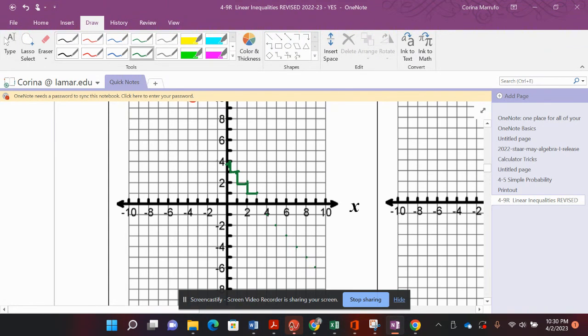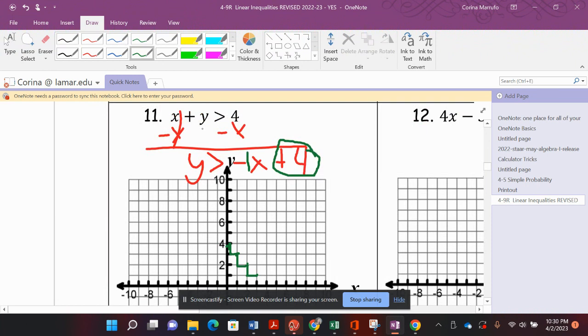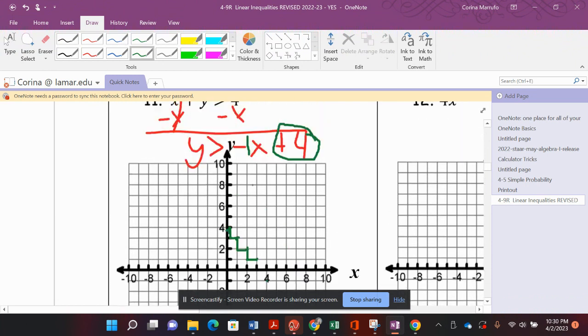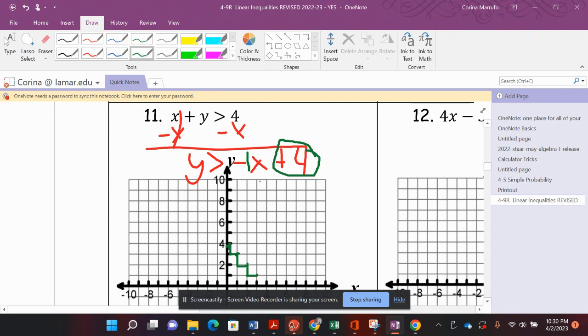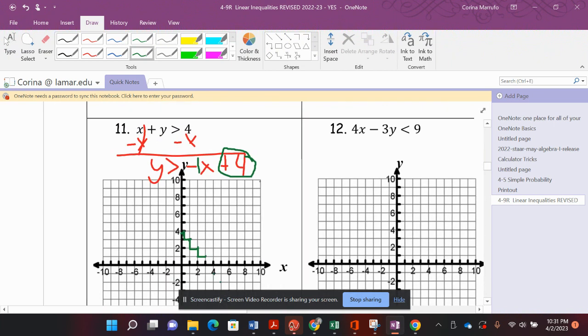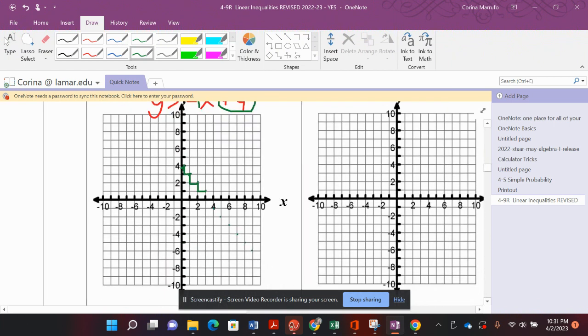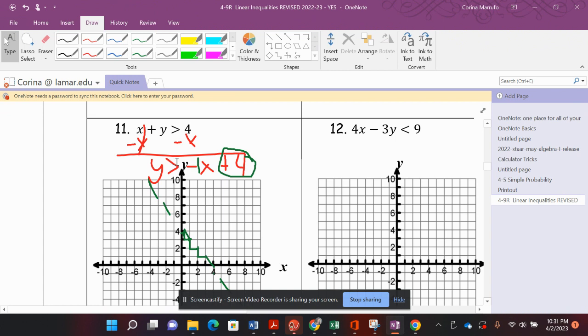And then it is going to be a dashed line. So I'm going to try my best to make a good dashed line. I'm going to zoom out just a tad. And so it's going to look something like this. Okay. And then it says this is my greater than sign.